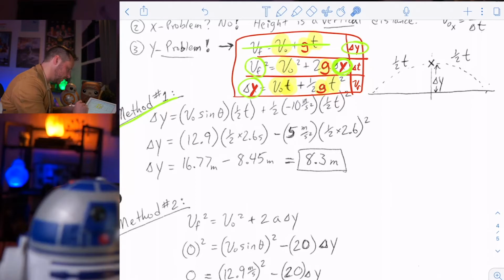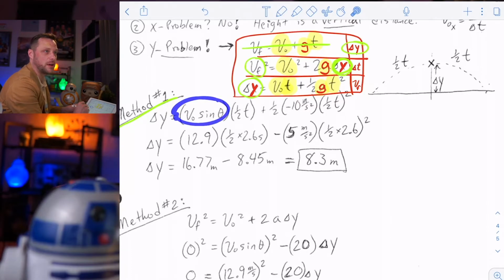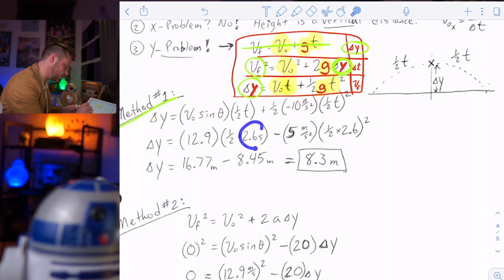All right, and so then we're going to plug in our values here. Initial velocity of 22.5 meters per second times sine of 35 degrees is going to give you 12.9. Then here's my total time I found in part B. And then I'm going to do 1/2 of -10, which is -5. And then I'm going to do 1/2 of my total time again.